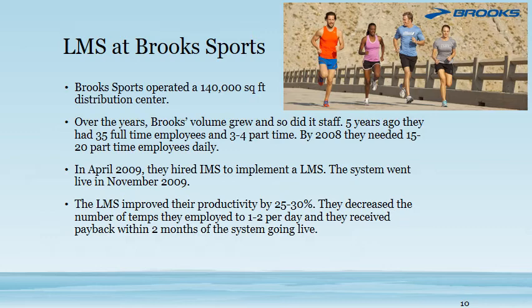In 2003, they had 35 full-time employees and about 3 to 4 part-time employees on a daily basis. And in 5 years, by 2008, they needed 15 to 20 part-time employees per day on top of the 35 full-time employees to work in their warehouse or distribution center.